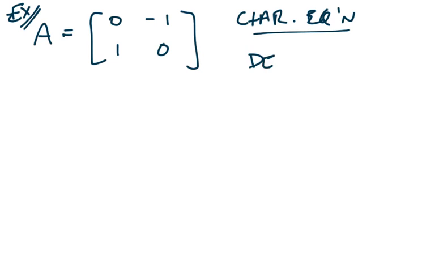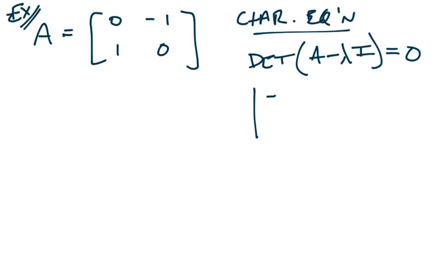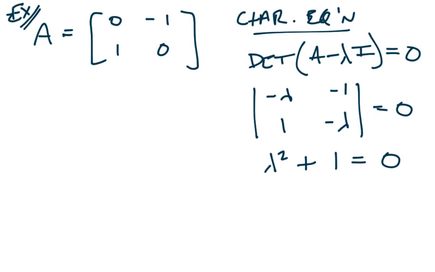This is the determinant of A minus lambda I set equal to 0. That's going to be the determinant of (-lambda, -1; 1, -lambda) set equal to 0. This is lambda squared minus minus, so plus 1 equals 0.